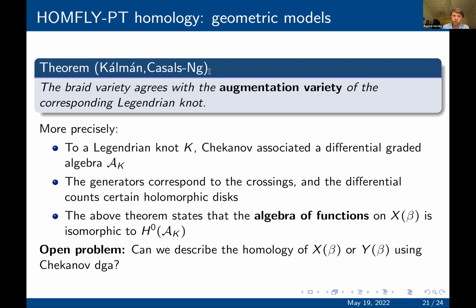And so in particular, this braid variety, you can say it's kind of an ad hoc construction of matrices, but if you like symplectic topology, it's actually just the augmentation variety of some Legendrian knot. So intrinsically from this Legendrian picture, you can define it as having some coordinates corresponding to your crossings in a braid or ripcord, and then the equations correspond to the differential from degree 1 generators, and this defines the variety.